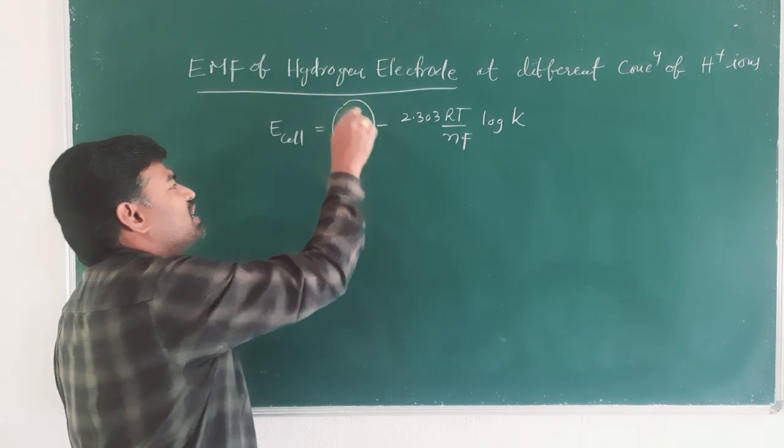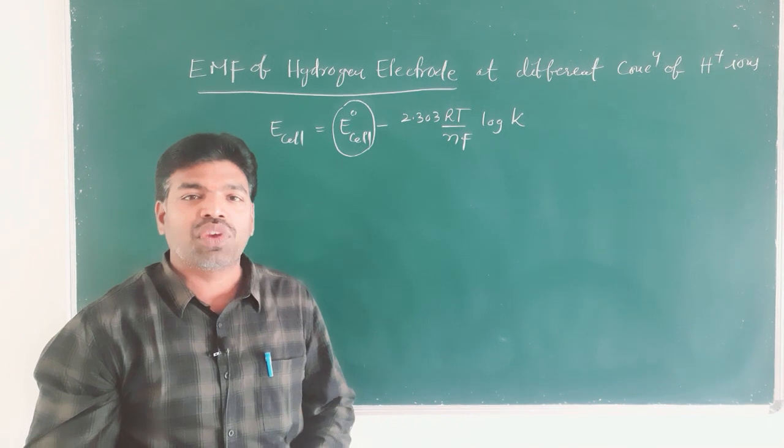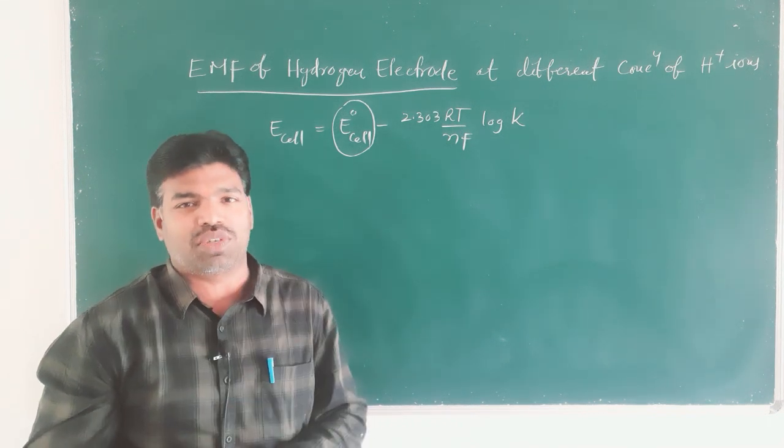Why are we taking E naught cell as 0? Because in EMF measurements we always measure the difference of potentials of two electrodes.